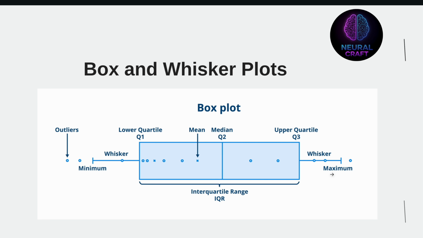We have to treat these points separately based upon our use case. Suppose you have a real estate data set where some houses show very high prices. In that case you cannot delete these data points from your data set because they are important, they have very high market value.